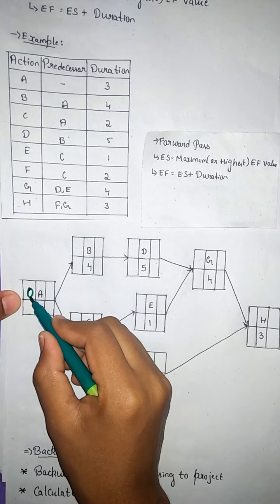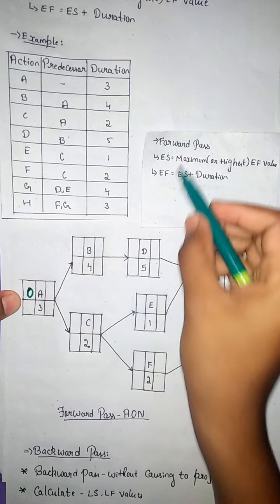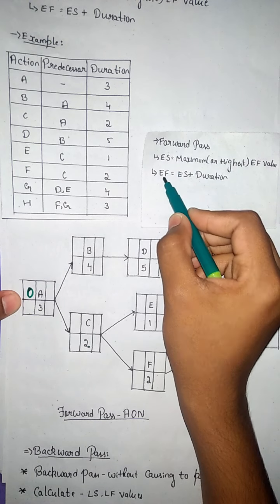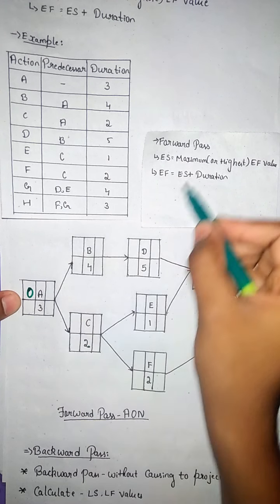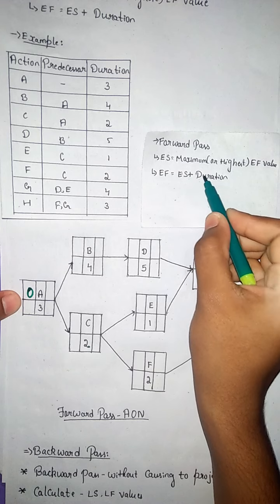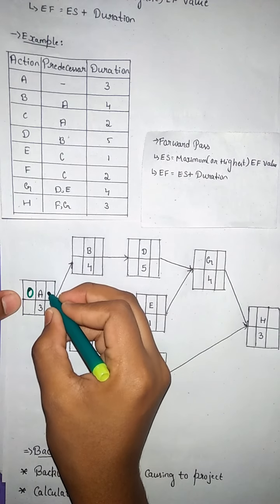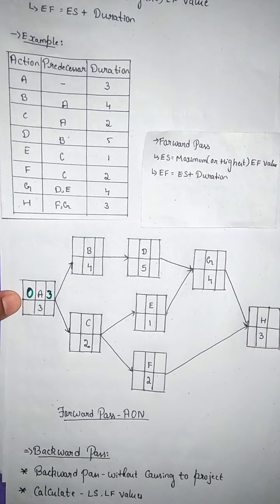To get the early finish value, we calculate early start plus duration. So 0 plus 3 will be 3.